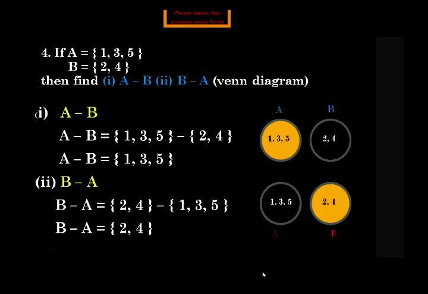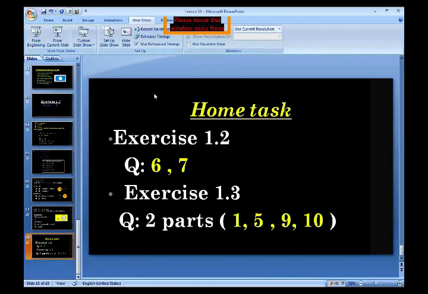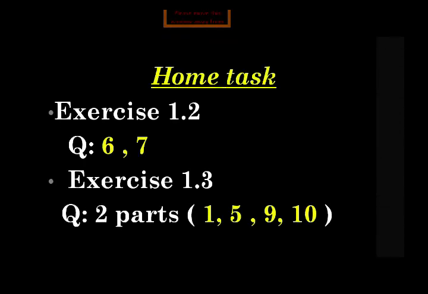Now it's time to share the home task. Okay, now I'm sharing the home task. Kindly note down the home task. Take a screenshot, students. You have to do exercise 1.2, question number 6 and 7. If a Venn diagram is required in the question, you have to draw it.